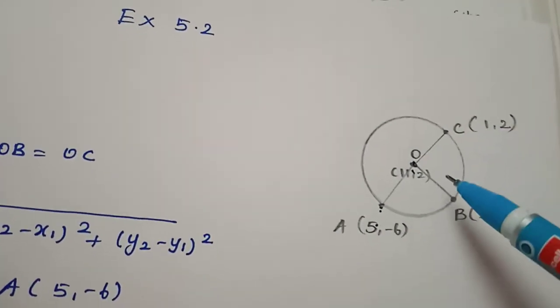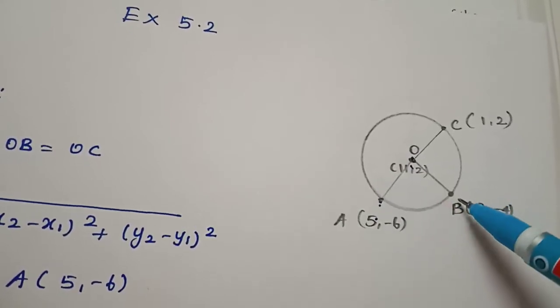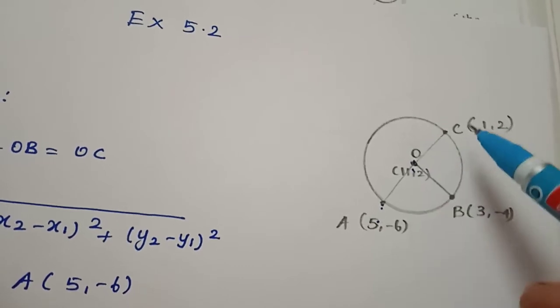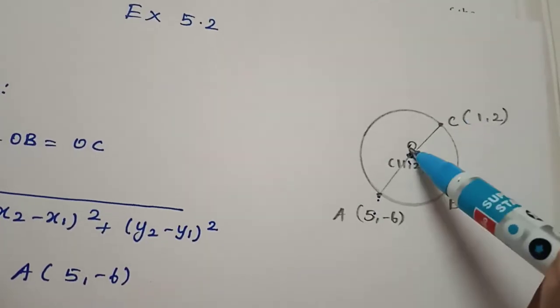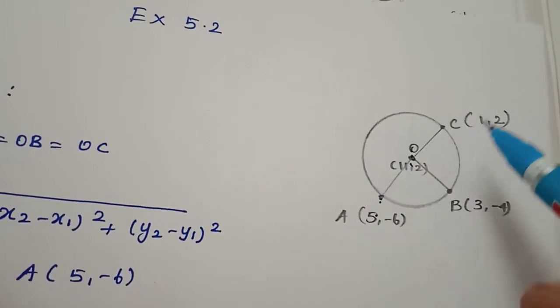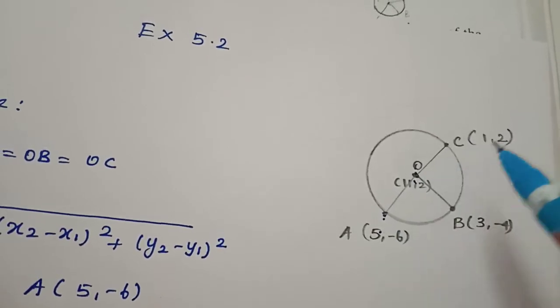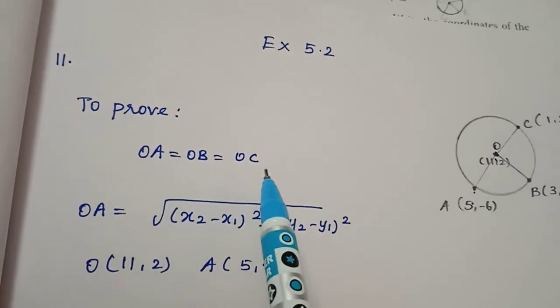So what we have to prove is OA equal to OB equal to OC. If we prove this, then we can easily show that this is the center of the circle passing through these points. To prove that, we have to prove OA equal to OB equal to OC.